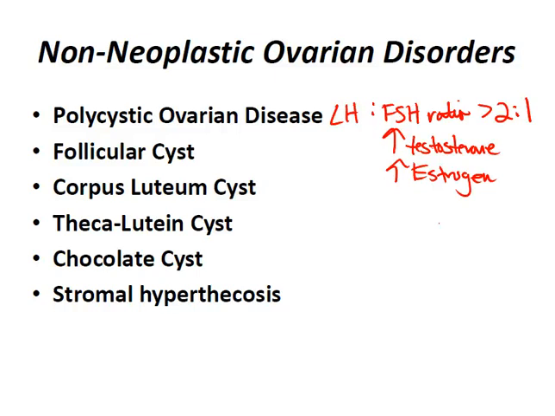You treat this with OCPs. So let's talk about follicular cyst. This is fluid accumulation in the graafian or mature or previously ruptured follicle.